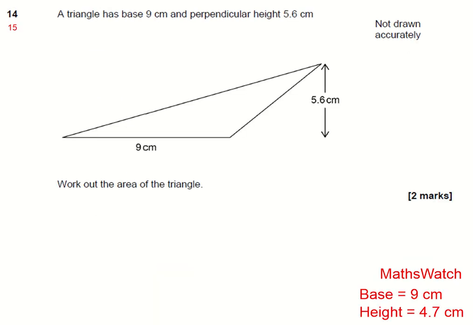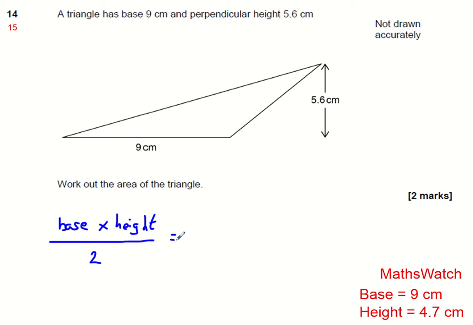Question 14. A triangle has base 9 centimetres and perpendicular height 5.6 centimetres. Work out the area of the triangle. Even though this triangle looks strange and the height isn't found within the triangle, it's still the same formula for working out the area of any triangle. We're going to be doing the base multiplied by the height, and then once we've done that, we need to divide the answer by 2.